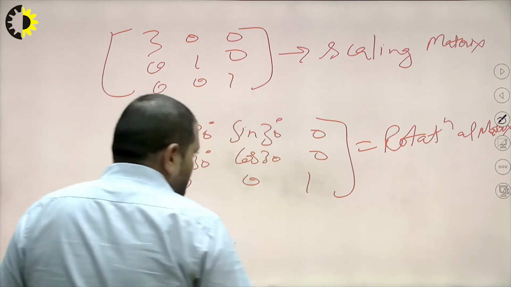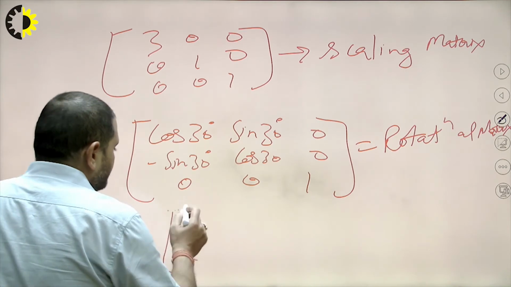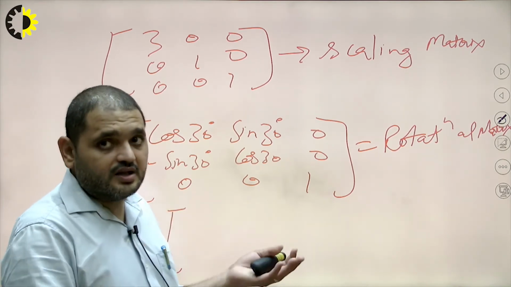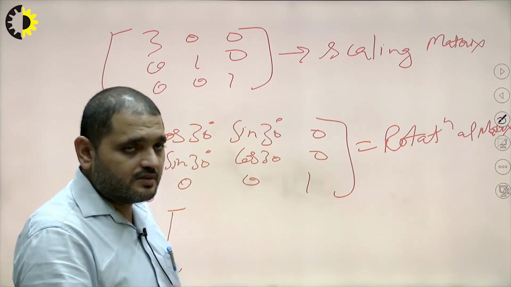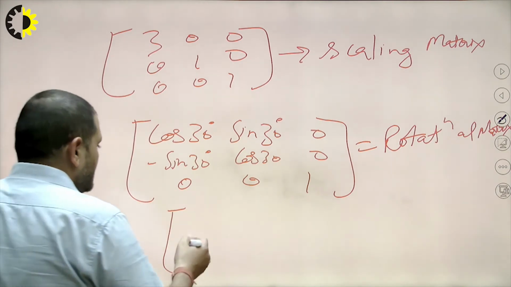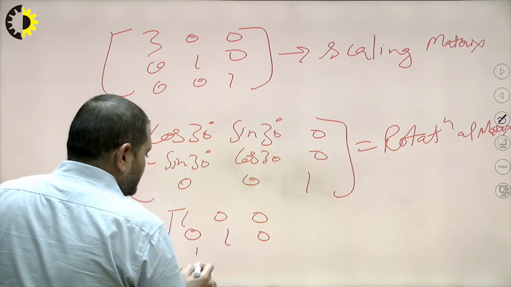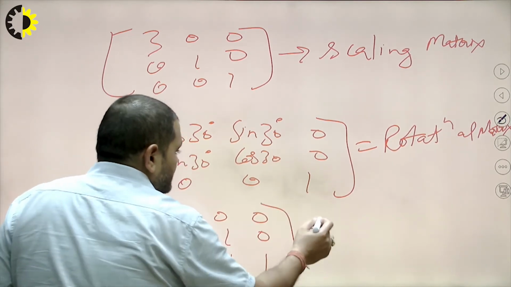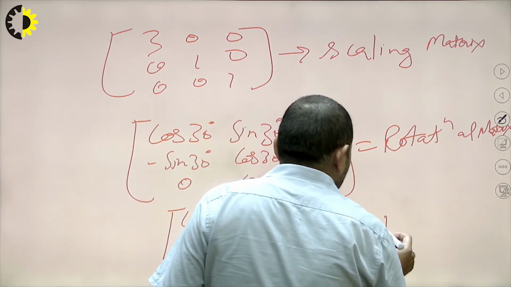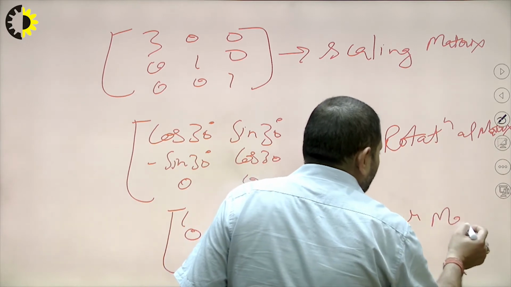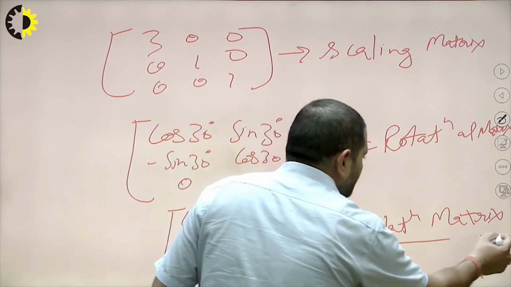So for taking it back, the translation matrix will be in the positive direction. Earlier we did it in the negative direction, that is minus 1 minus 1. Now we have to do the positive translation. Then the matrix will be 1 0 0, 0 1 0, 1 1 1. This will be the translation matrix so that the triangle can get back to its original position.